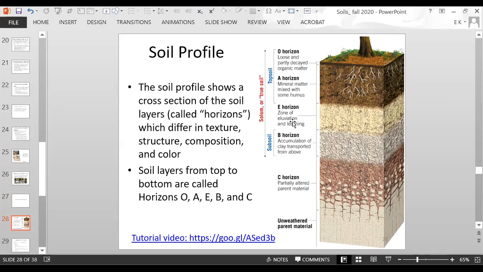The E horizon is the zone of alluviation and leaching. The B horizon is the accumulation of clay transported from above. And the C horizon is partially altered parent material. And then all the way on the bottom is your unweathered parent material.